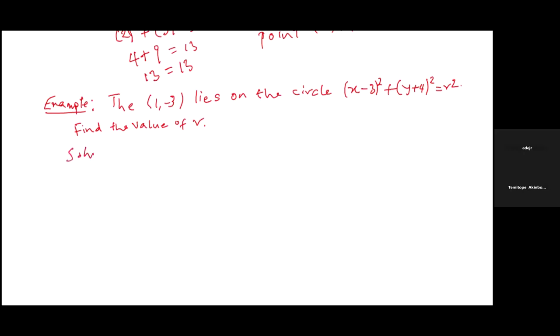So you can see that it's synonymous with the example you just finished. So you substitute 1 for x and −3 for y. So you have (1 − 3)² + (−3 + 4)² = r². So 1 minus 3 will give you −2. −3 plus 4 will give 1.